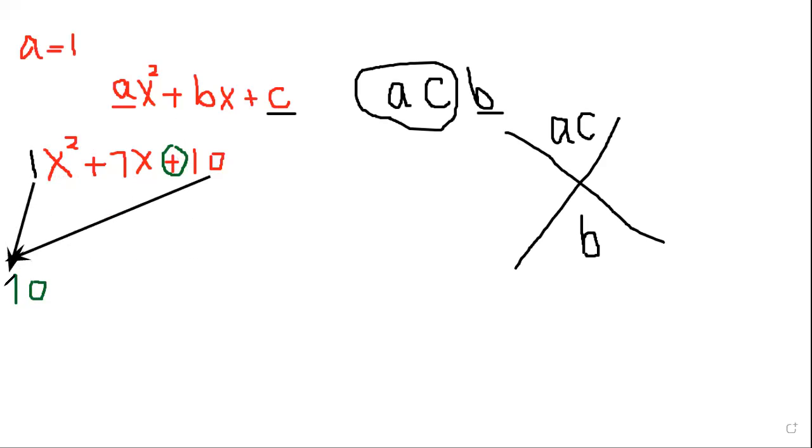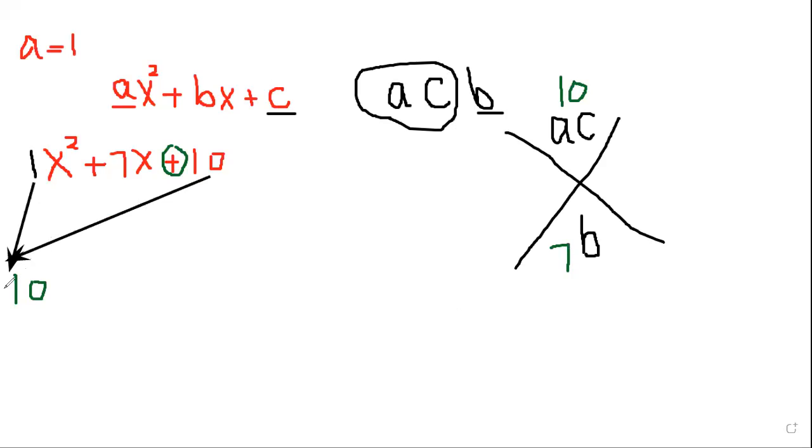So now we will search for two numbers whose product equals 10 and whose sum equals 7. It seems like a puzzle.